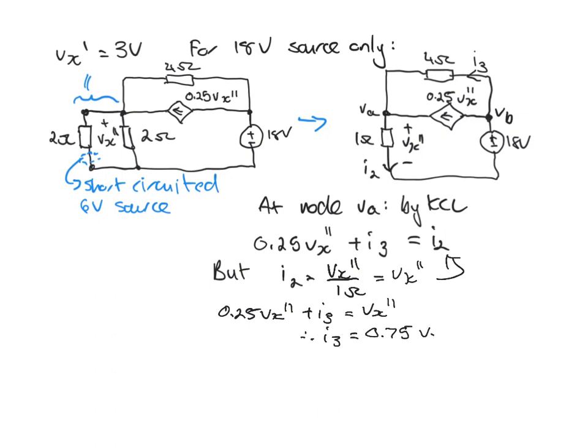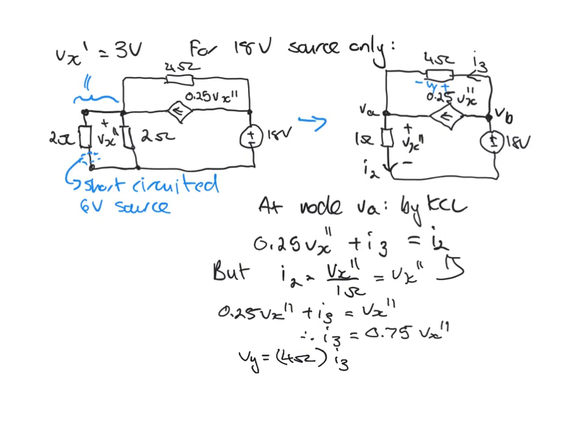and so therefore I3 is equal to 0.75 Vx double dashed. Now let's call the voltage here Vy. And so you can see that by Ohm's law, Vy is equal to 4 ohms times I3.